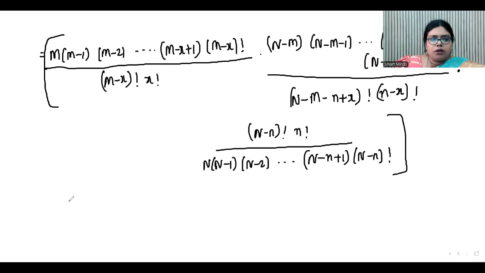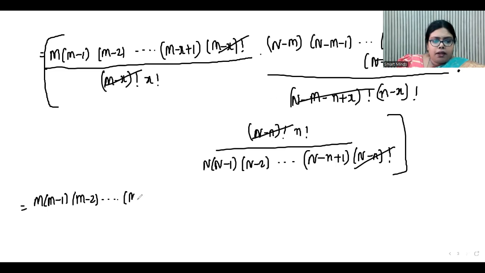Now that is equal to M into (M minus 1) into (M minus 2), so on up to, now here we can cancel (M minus x) factorial, (M minus x) factorial. Then here this factorial cancel. Then here (N minus n) factorial cancel.